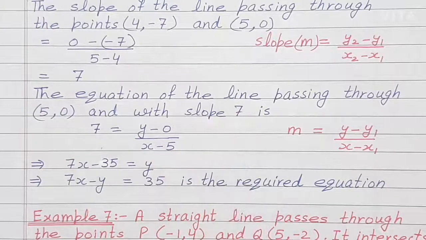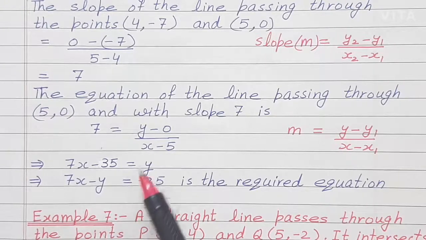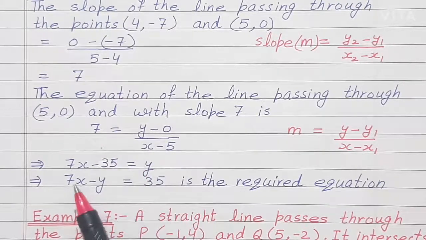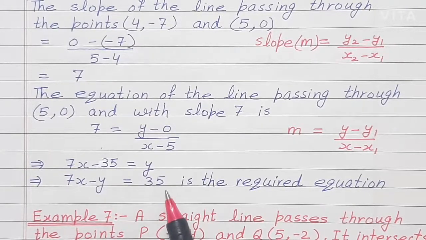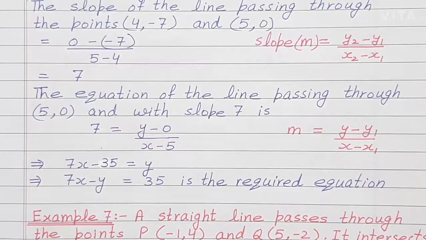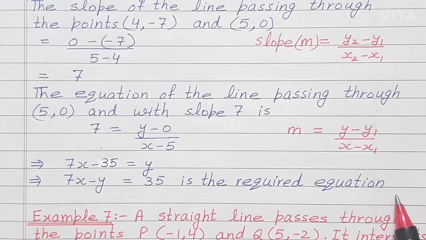Or we can apply the two-point form formula directly also here. Clear? So after solving this, the equation is 7x minus y equal to 35. Or you can say 7x minus y minus 35 equal to 0, which is the required equation. I hope it is clear to you.